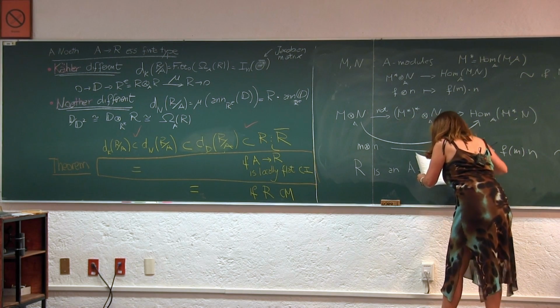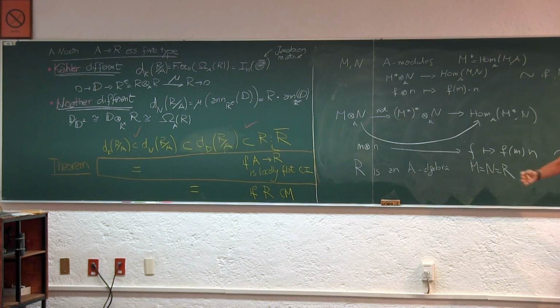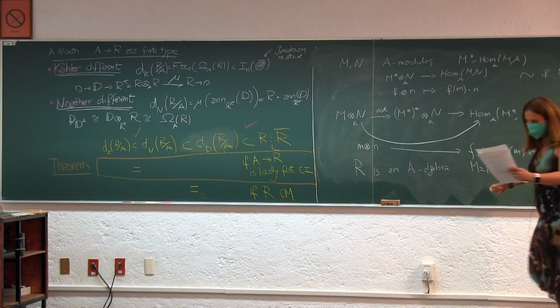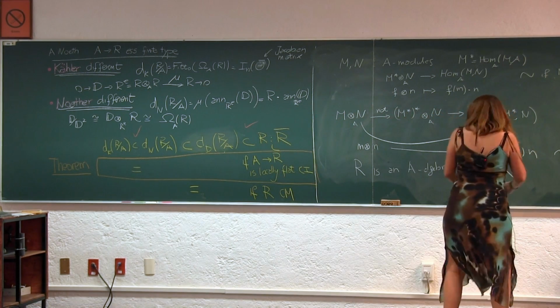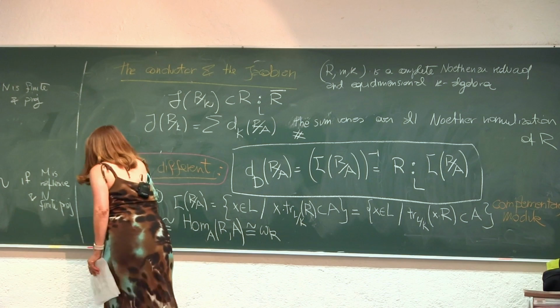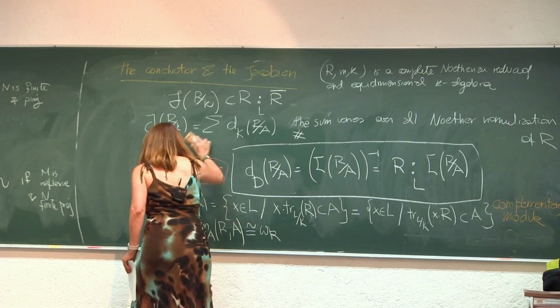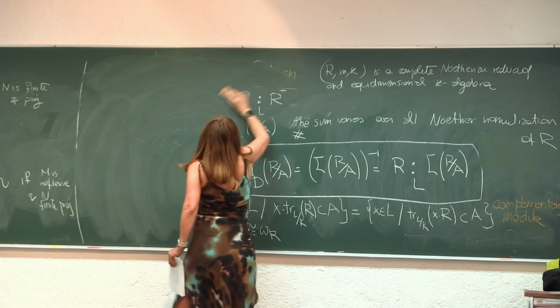So now we are going to apply this picture to the case where R is an A-algebra. So in our case, actually, A is another normalization. And all these modules, M and N, are simply the ring R. Okay? So just apply this picture to this case. And let's see what we get.